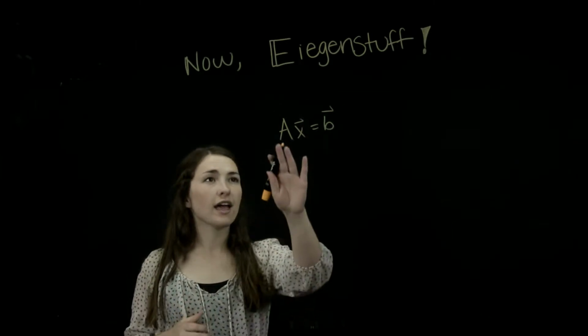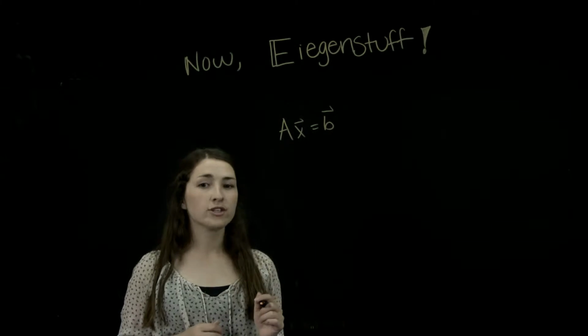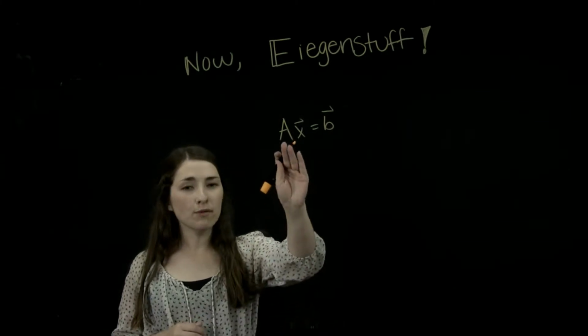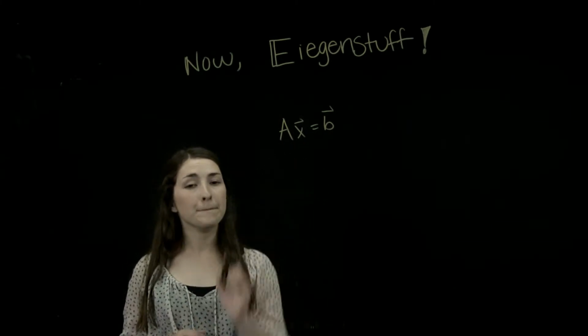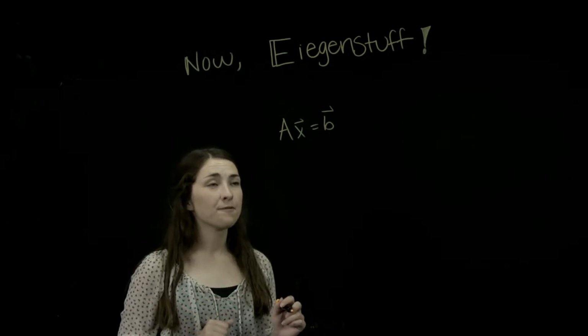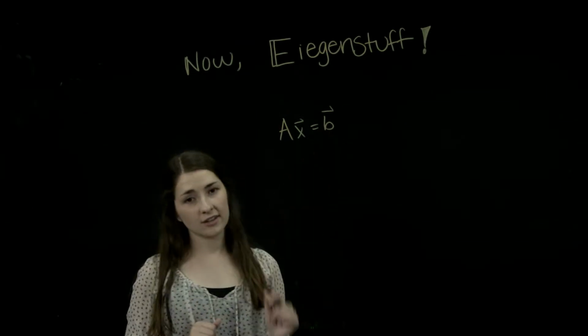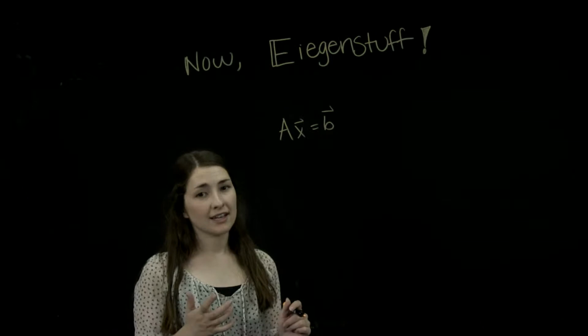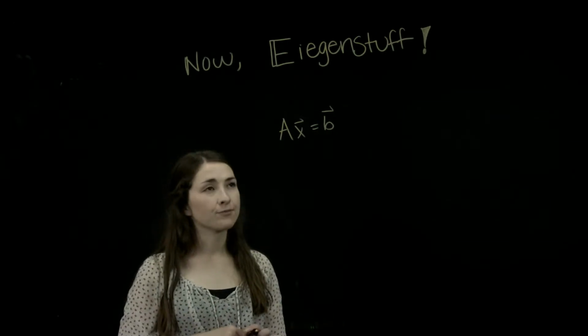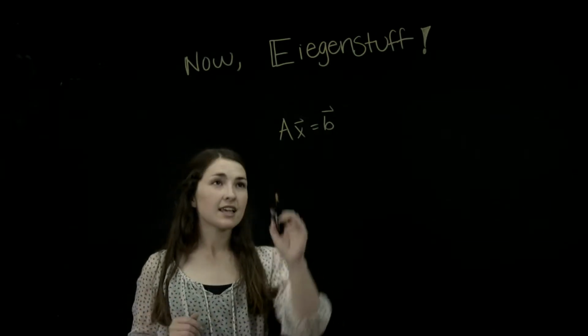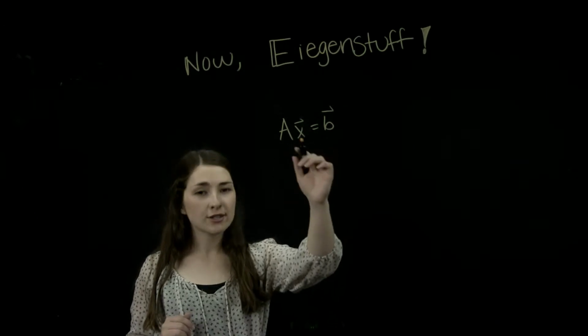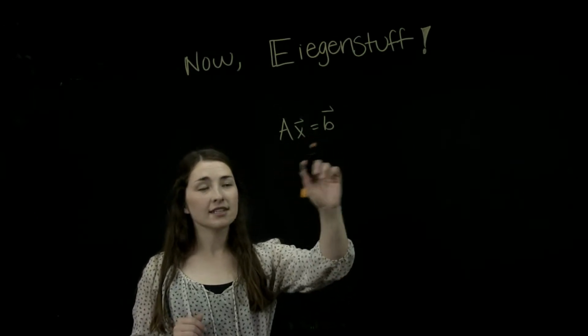If we look at the left side of the equation here, when we multiply our x vector by matrix A, we're going to get out some entirely new vector, unless A, of course, is the identity. So what this tells us is that we are transforming x into something new.